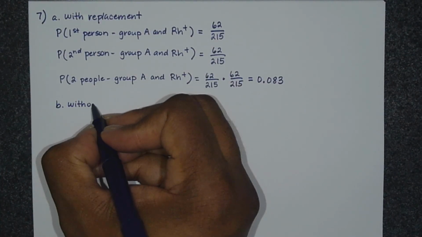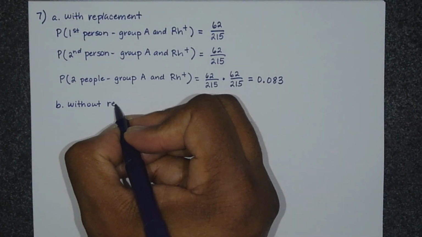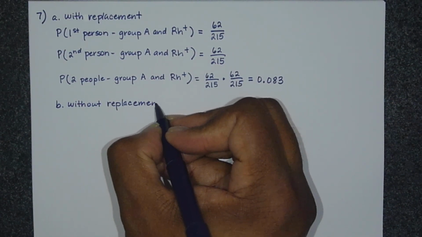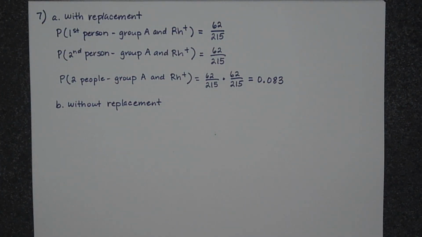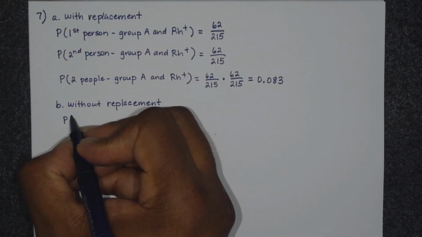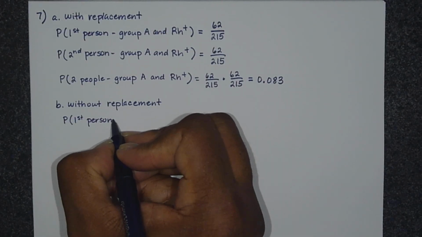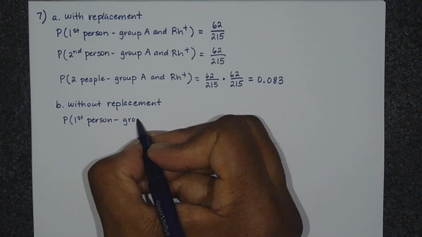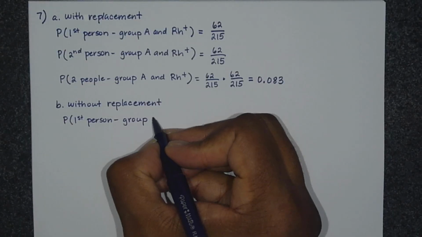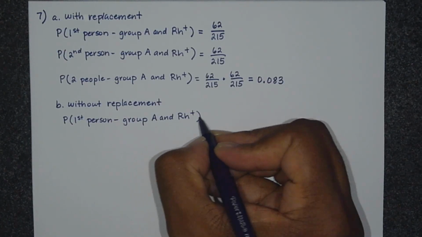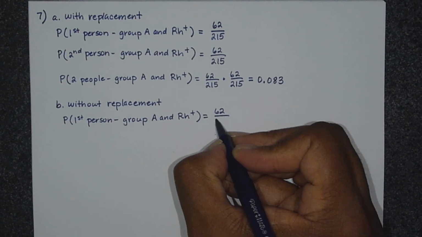Now part B is without replacement. That means the first subject is selected, and that first subject will not be considered for the second selection. So we already know the probability for the first person from group A and type RH plus: 62 over 215.